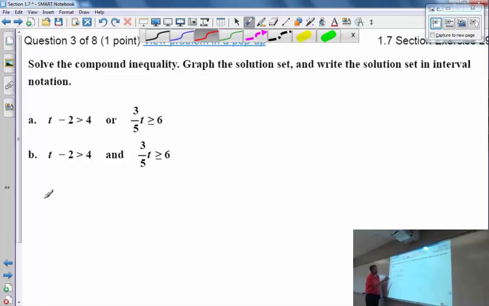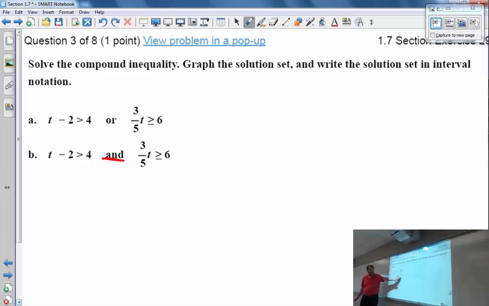Alright, I want you to notice the change. There is an AND connector now. 2 intervals, but they are connected, tied with the word AND. Okay? Let's see what kind of difference it is going to make. I will solve each individual inequality again first.